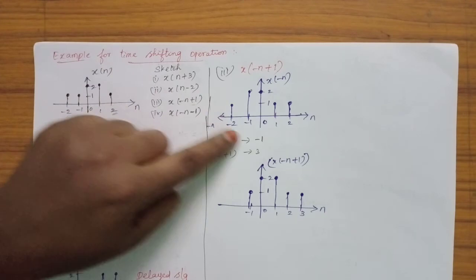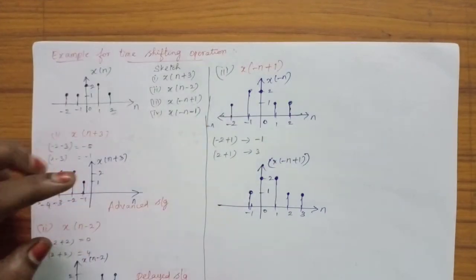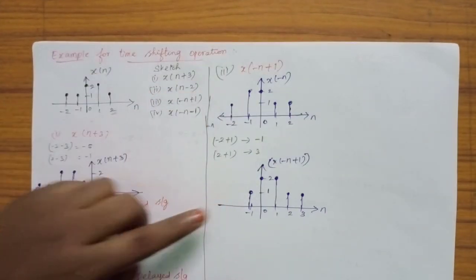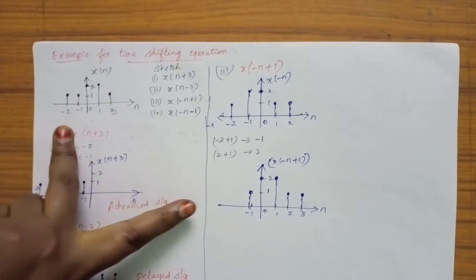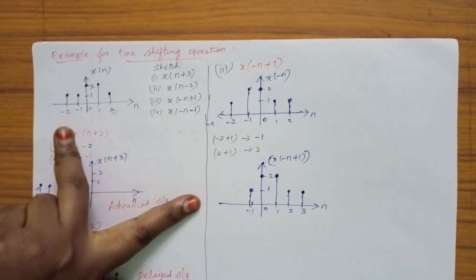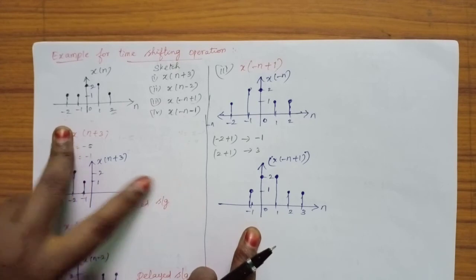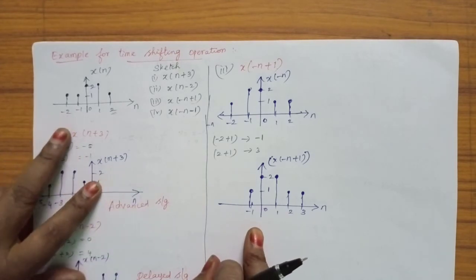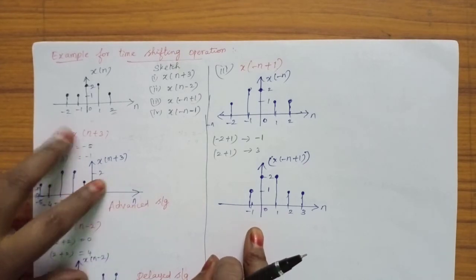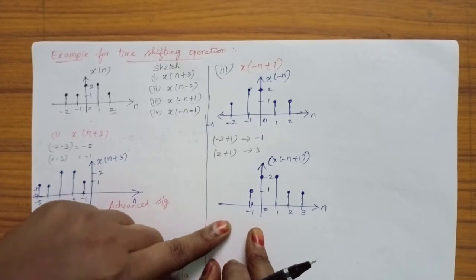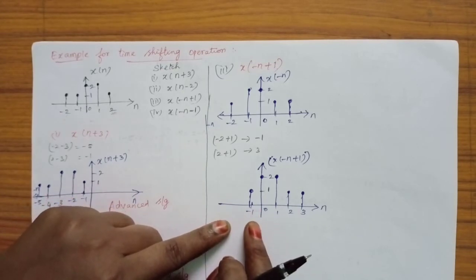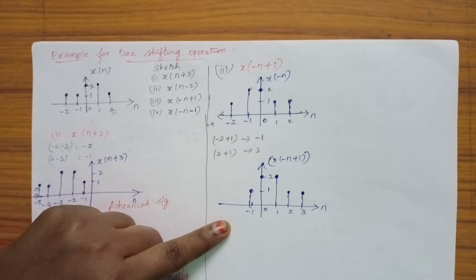So this signal I am going to drag towards the right side by 1 sample. While comparing with the original signal, we will get a delayed signal by 1 sample, because the original signal starts at minus 2, while in x of minus n plus 1 the signal starts at n equal to minus 1, so we get a delayed signal.